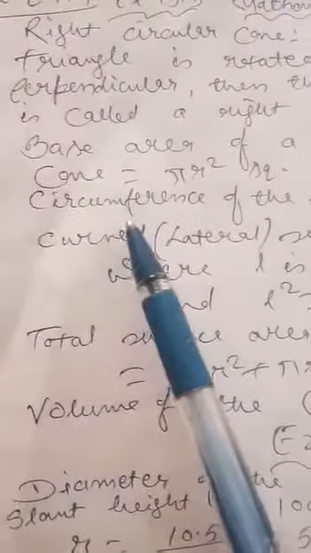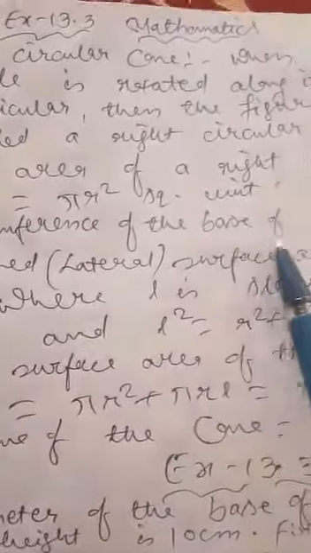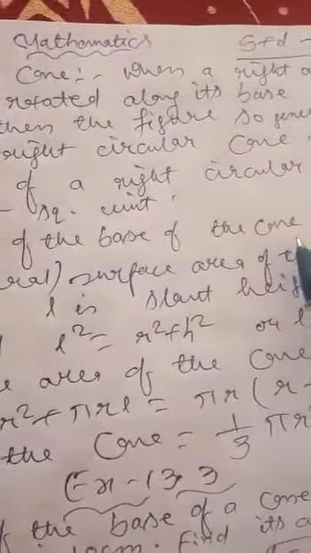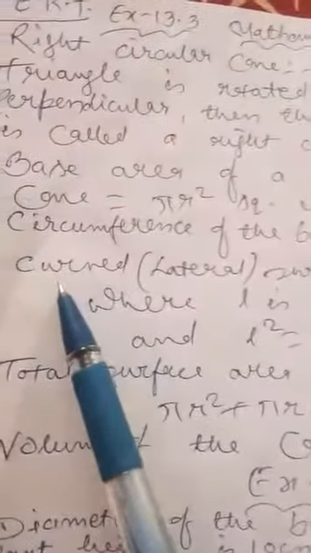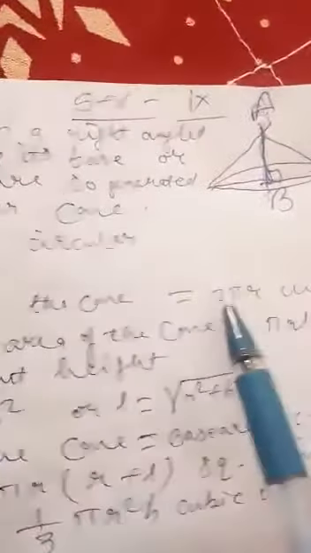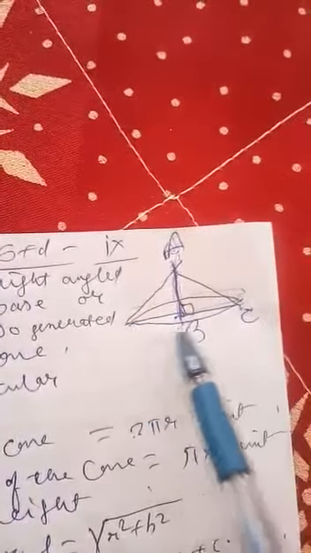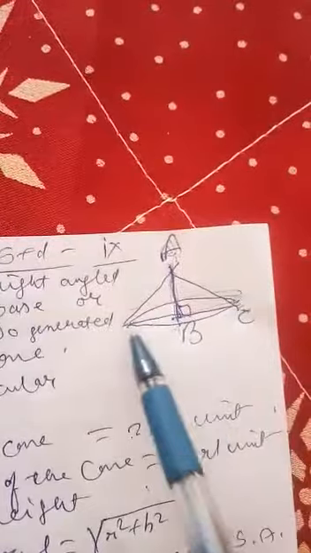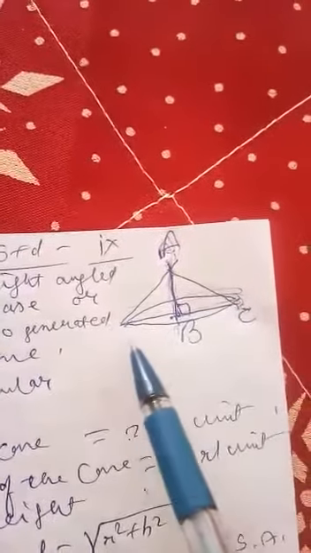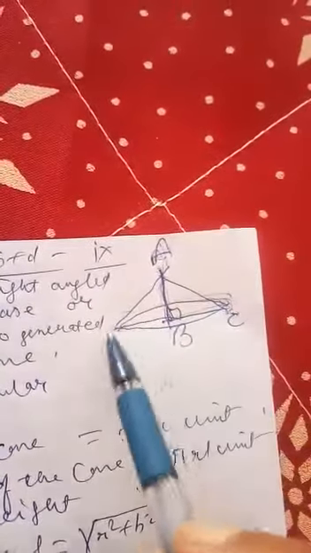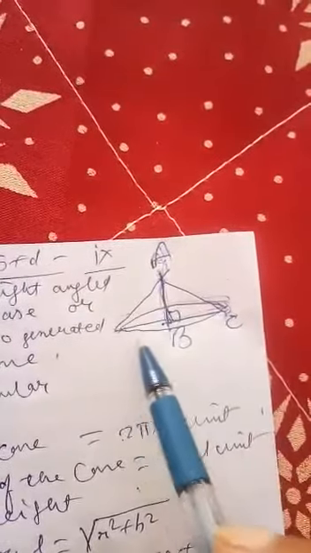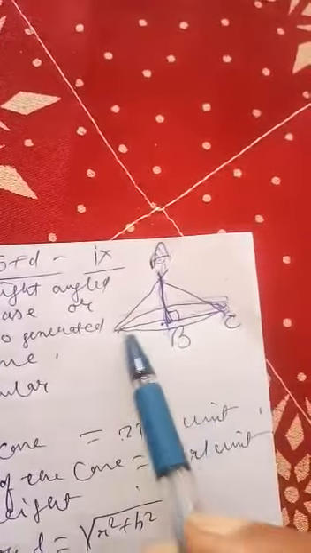Now we can say circumference of the base of the cone is equal to 2 pi r unit. This is circumference of the base, because base is circular, so area of circle is equal to pi r square. So base area of a right circular cone is pi r square, and circumference of the base is equal to circumference of the circle, that is 2 pi r.